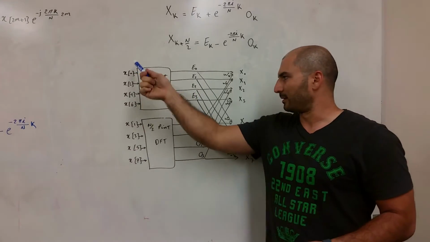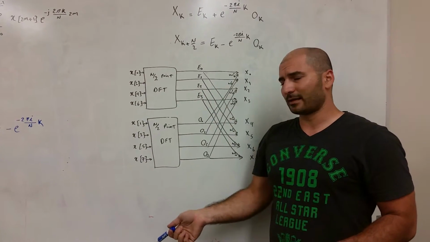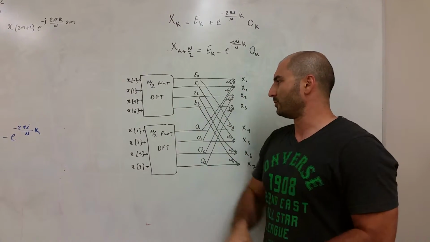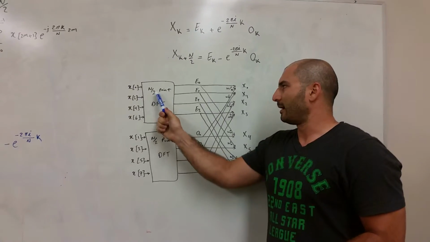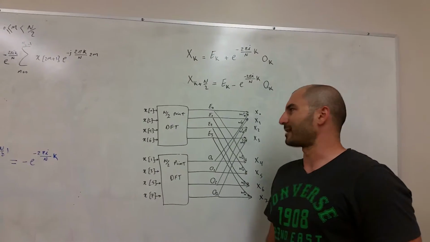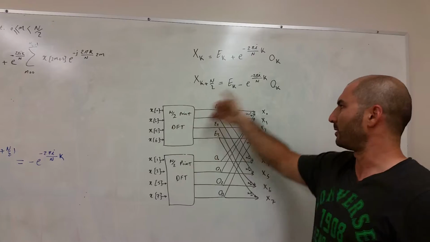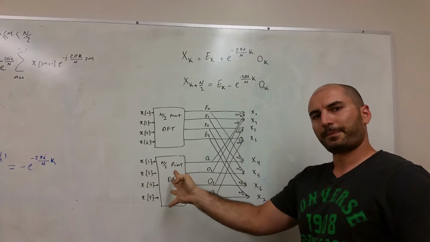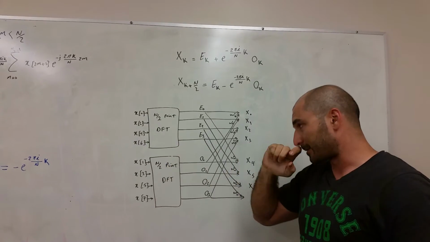Here's an example. It's a DFT of length 8. Instead of having length 8, I divide it into N over 2-point DFTs. You have even samples coming into the first one, E0 through E3, and then odd samples coming into the second.